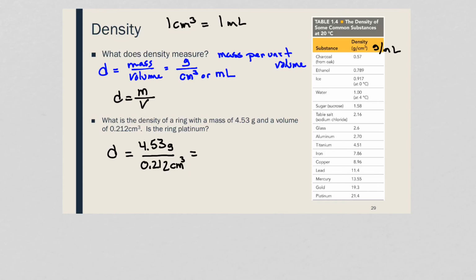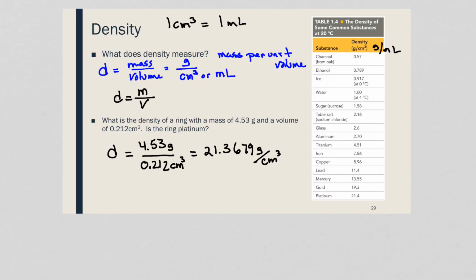Now, when I do this on the calculator, it's going to spit out something like 21.3679. And now, the way I write the units is that's 21.3679 grams per every cubic centimeter, or per every 1 cubic centimeter.